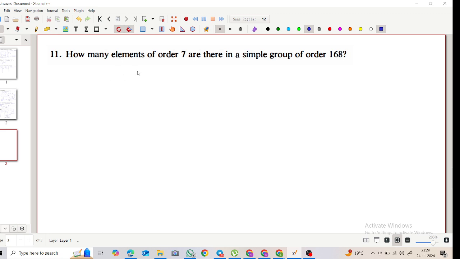So what is the breakup of 168? Okay. So N2 is 2k plus 1 and it divides this. N3 is 3k plus 1 and it divides.